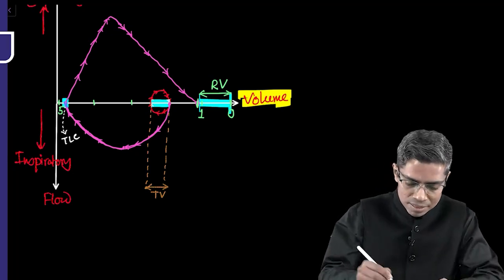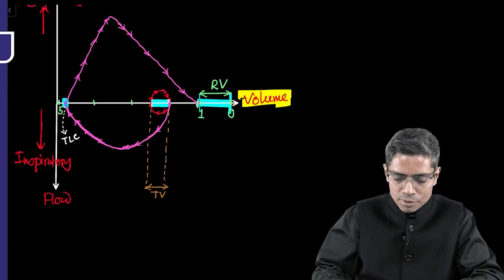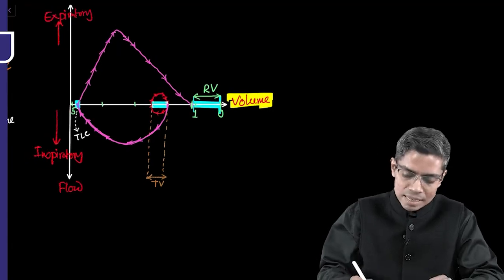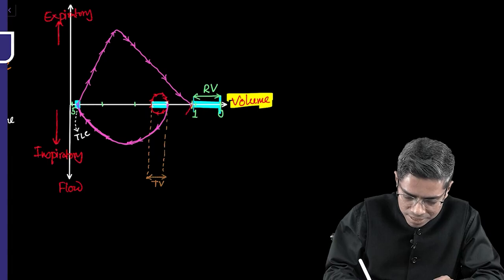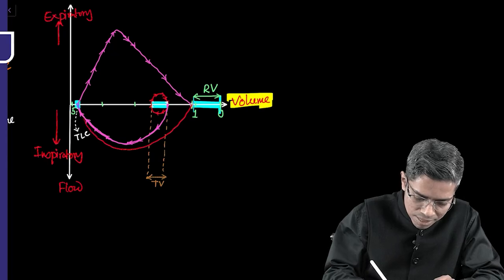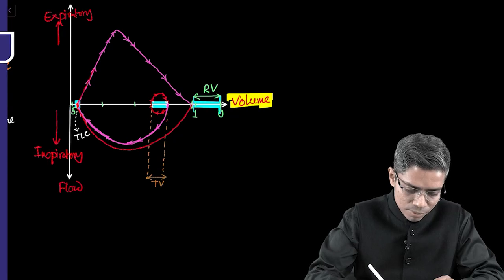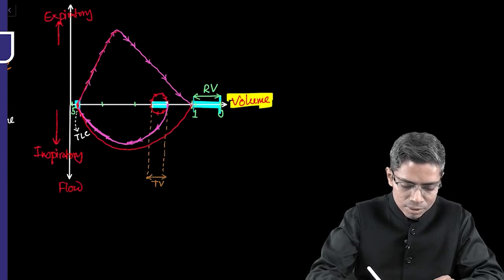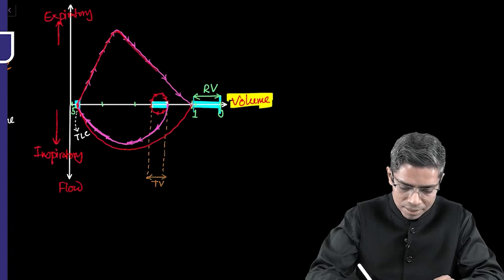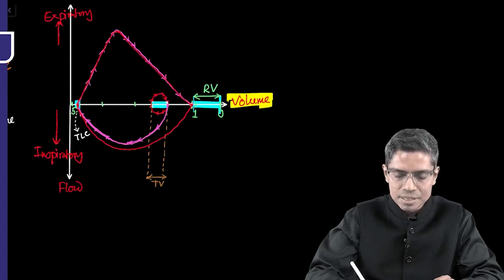Now again you are asking the subject to continue this forceful inspiration and expiration. So again the subject is taking a forceful inspiration, and again he is reaching TLC. Again when the subject is doing forceful expiration, the curve will follow the same pattern like this, and again he will reach up here.